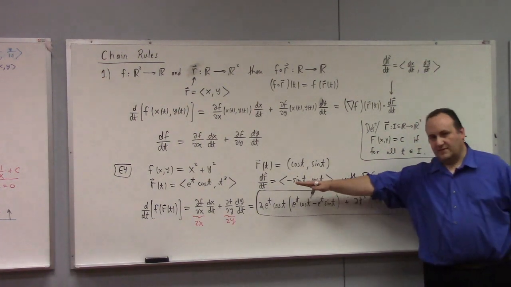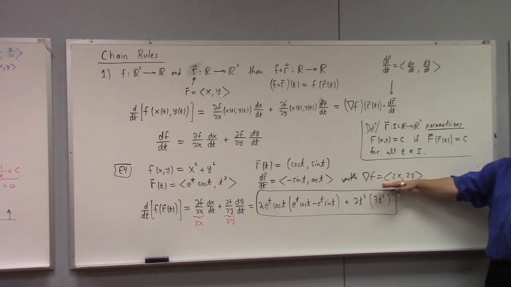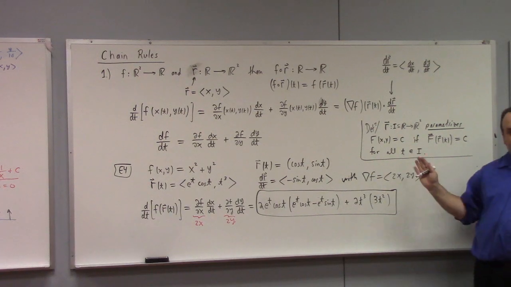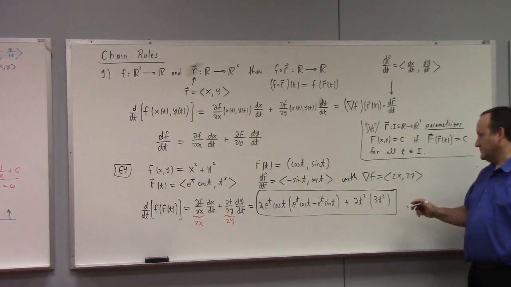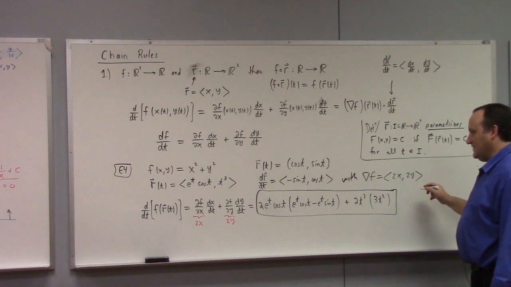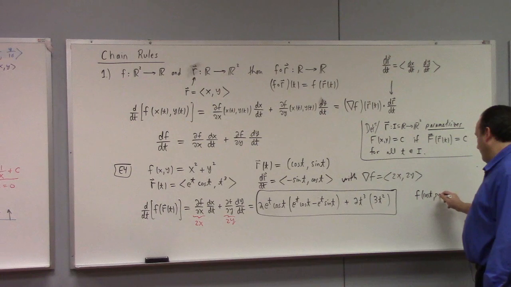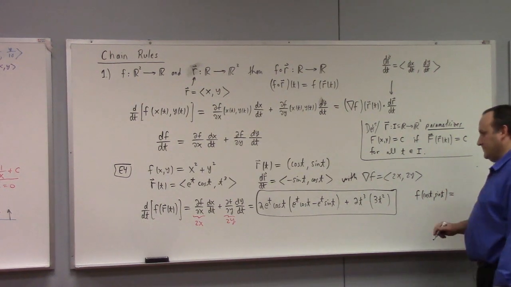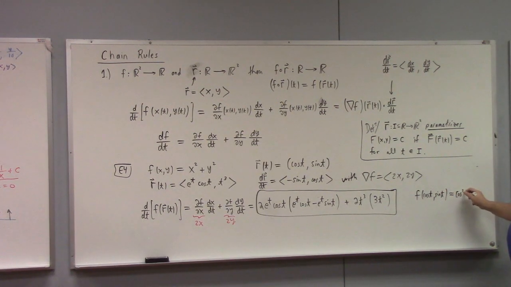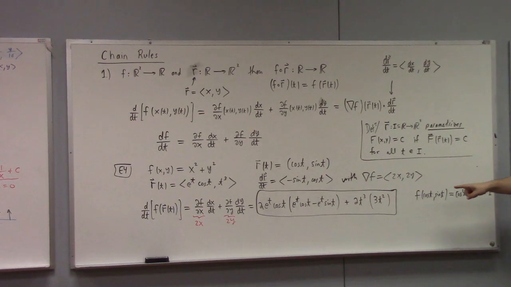If you take the dot product of this with that, once you evaluate it at cosine, sine, you get 0. And is that surprising? What happens if we take f of cosine, sine? Cosine squared plus sine squared. What's cosine squared plus sine squared? It's 1. So you can think about this theorem if you look at a parameterization of the circle and how it works out.